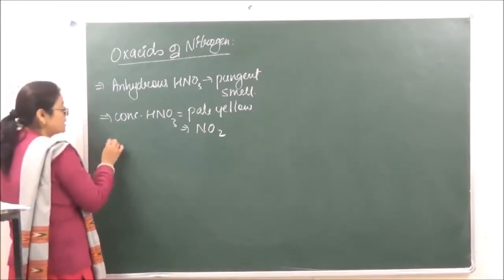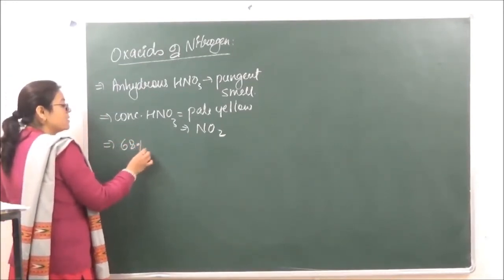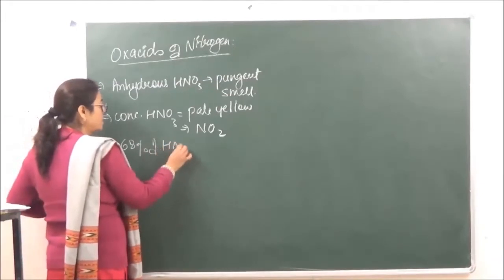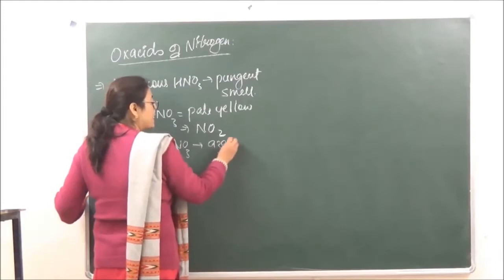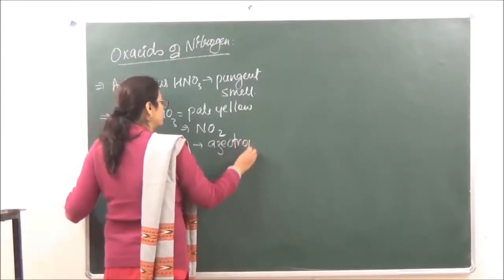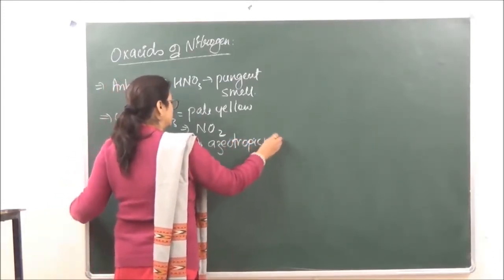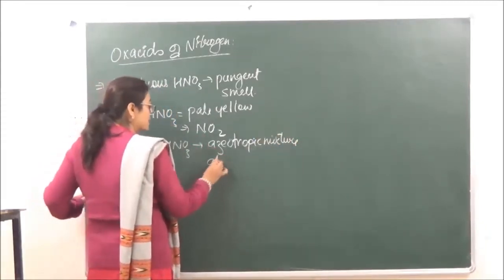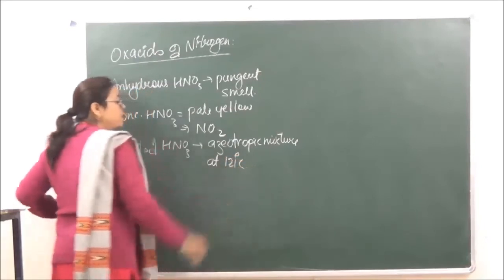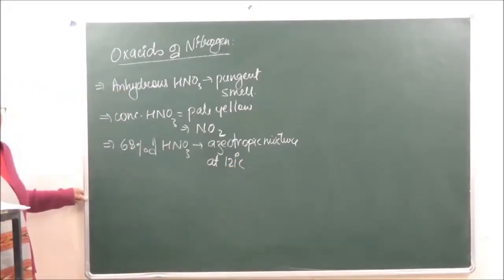And we have already seen that 68% HNO3 forms an azeotropic mixture at 121 degree centigrade. ठीक है?